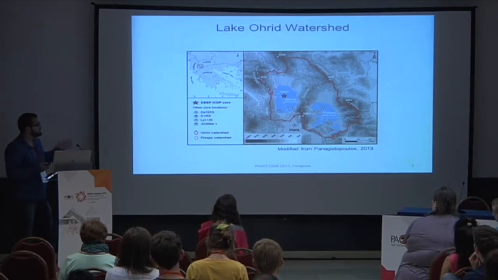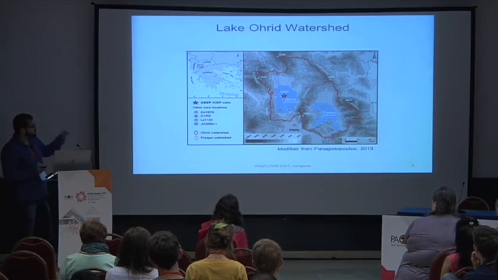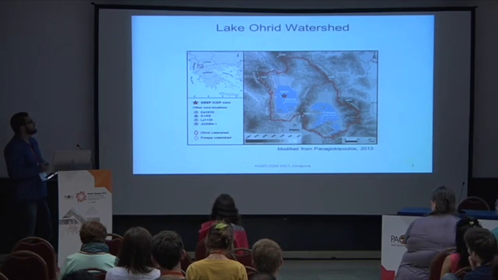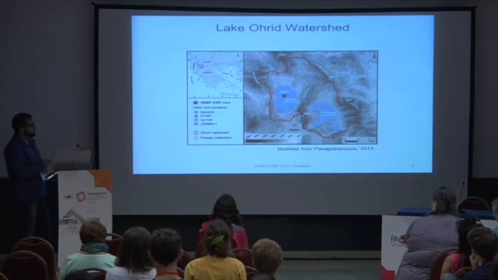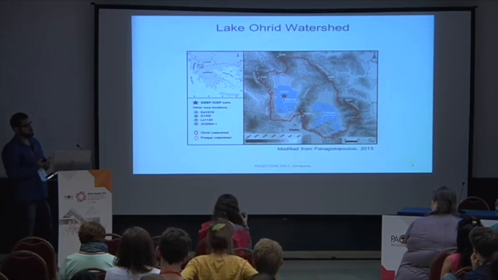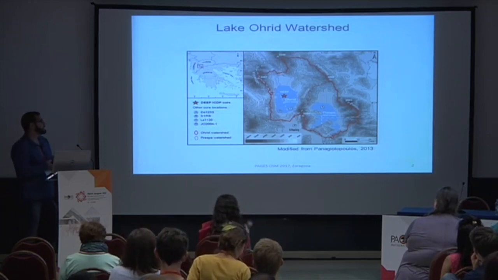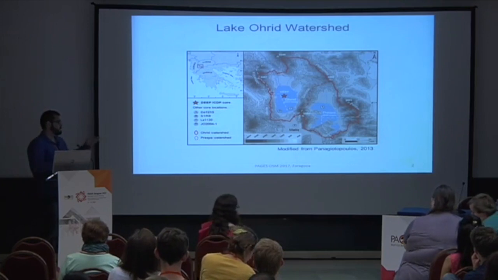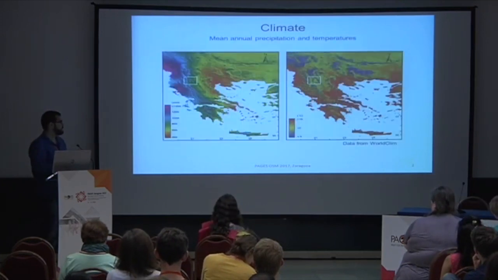There were several records published for the last glacial cycle from the two lakes, but the new ICDP core that was retrieved in 2013 reaches back almost 1.3 million years. So this is a really long record that we have to deal with.